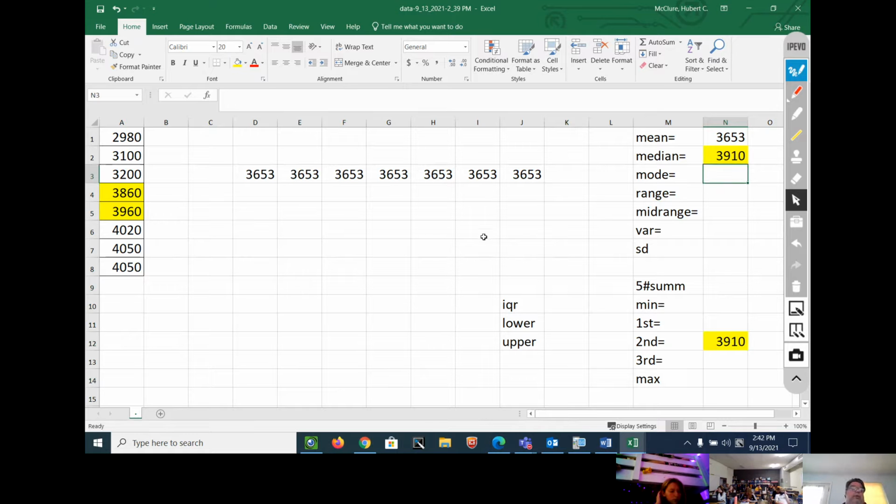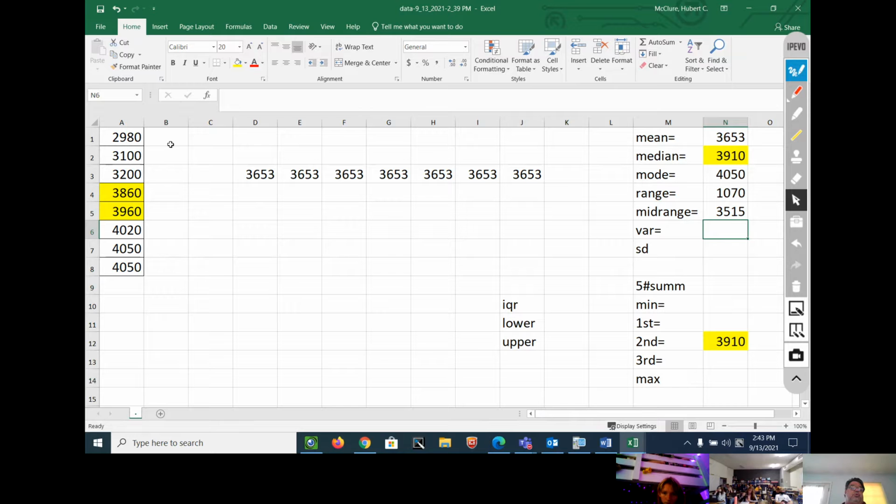Mode, I have no idea. Can somebody tell me 40/50 the mode? Yes. 40/50. The range is equal to that minus this. The mid-range is equal to the max plus the min divided by 2.